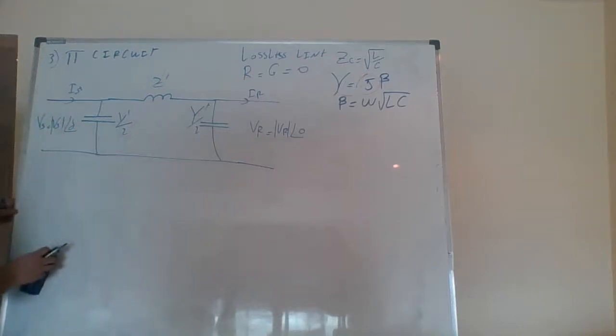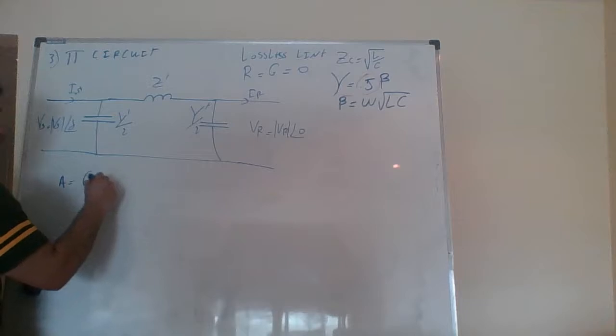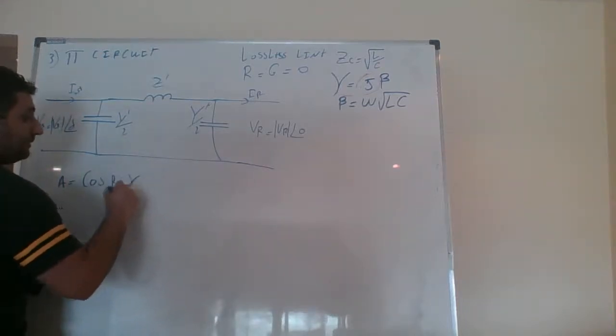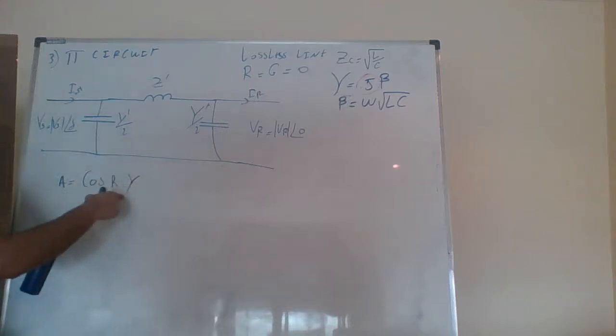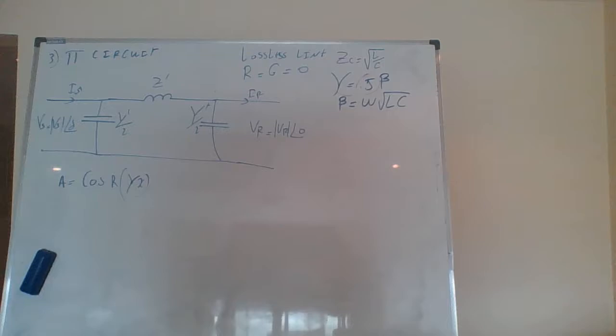For a long transmission line, what do I have? A is equal to cosine hyperbolic of x. Remember, I'm using x now because I don't want to confuse the length with the inductive component. Okay, perfect.